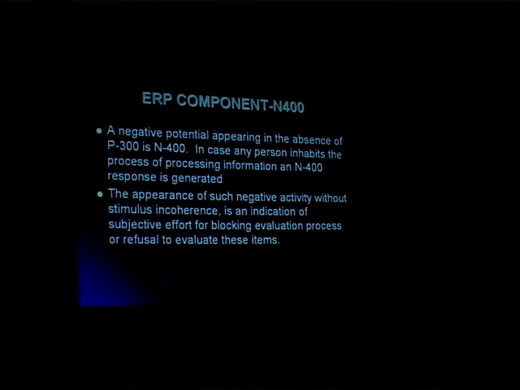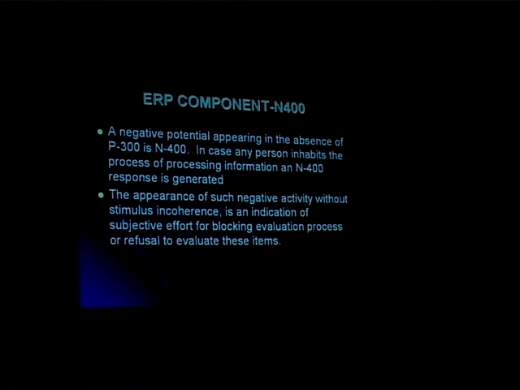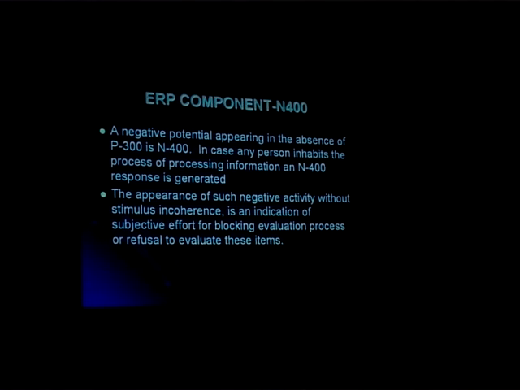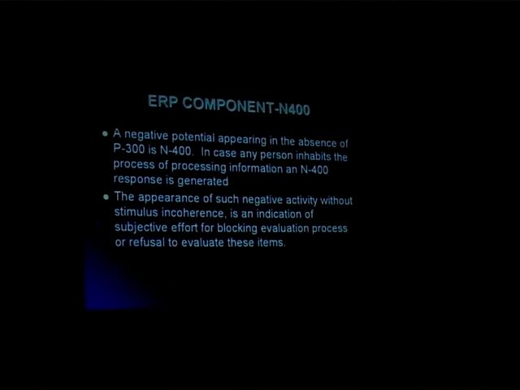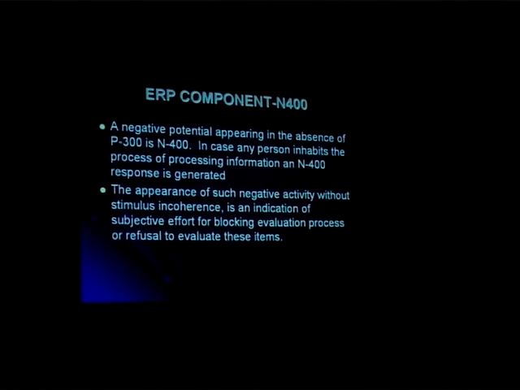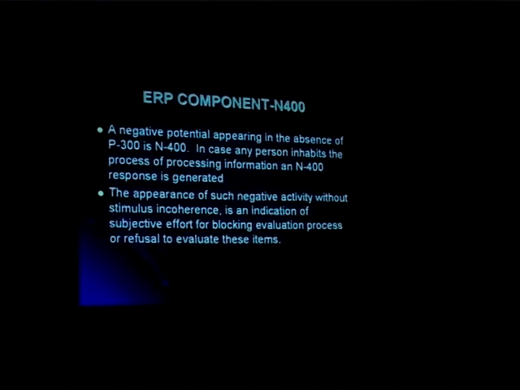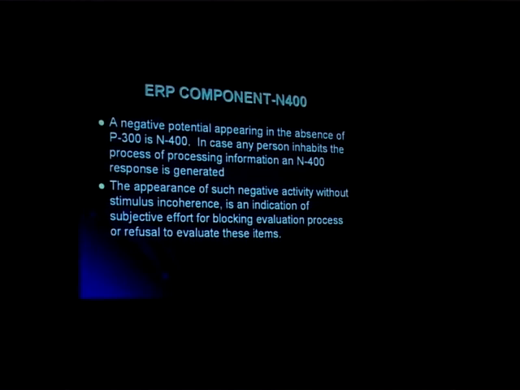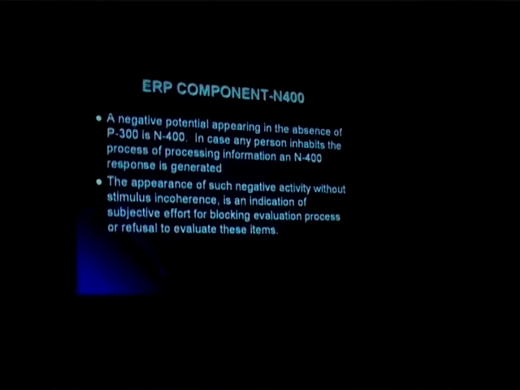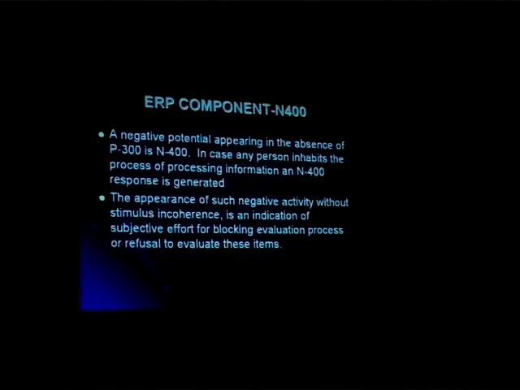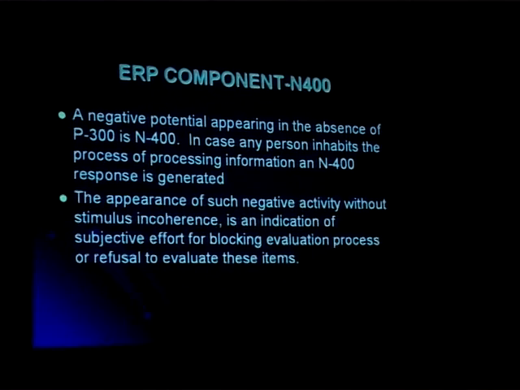If he inhibits the processing, then immediately within 400 milliseconds a negative wave arises, indicating that the individual is inhibiting the processing of information. It is a deliberate inhibition of the processing of information. The individual has the information, but he is not processing it, blocking the evaluation of information.